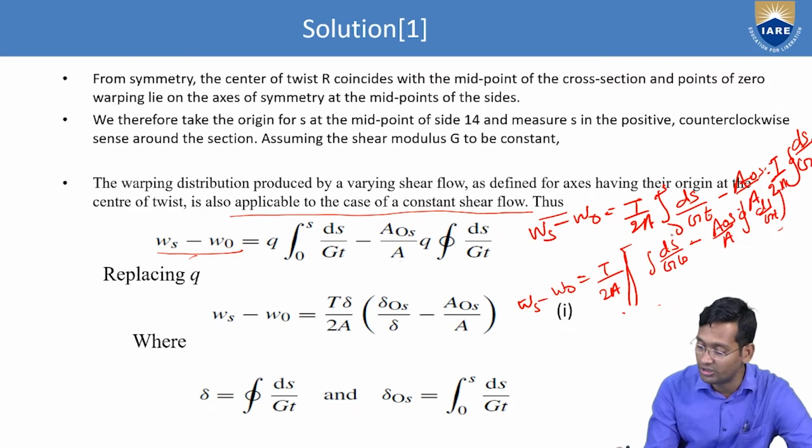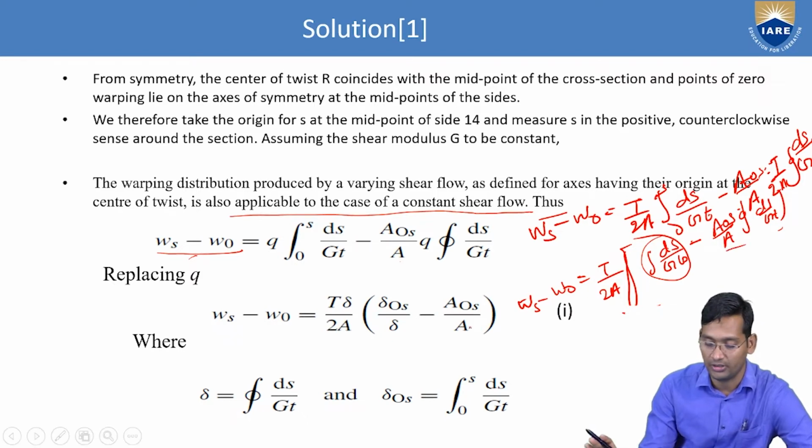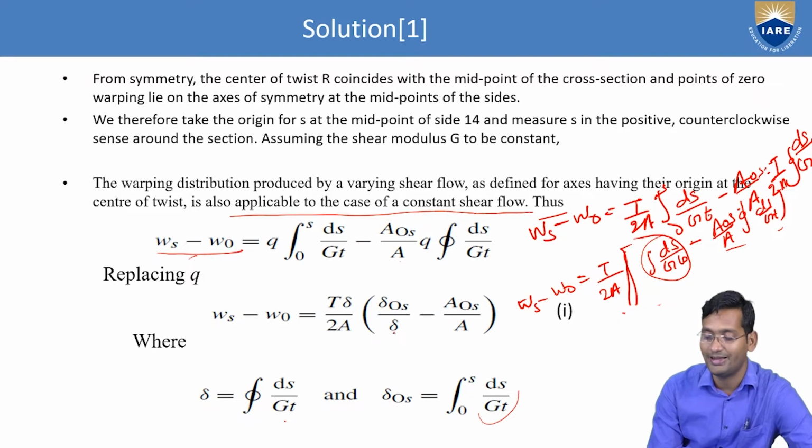So for this term, we are writing delta. So this will be delta_OS by delta minus A_OS by A, where delta is ds by gt, and delta_OS is ds by gt. With this term the delta is not there, so we have to take delta common, so that's why delta is in the denominator.